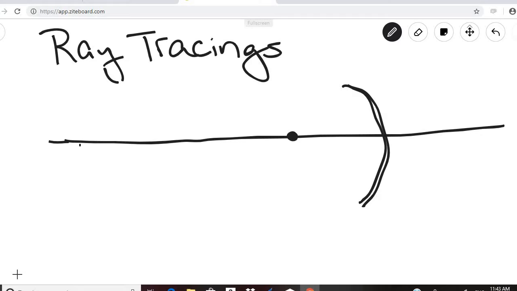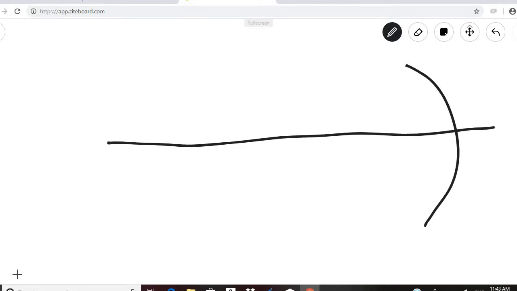Actually, I'll make these different colors. So here's our mirror, here's our line that's through the middle, and we're just going to mark our focal point there.